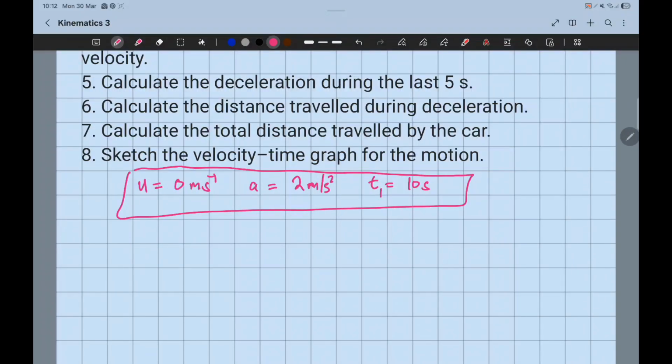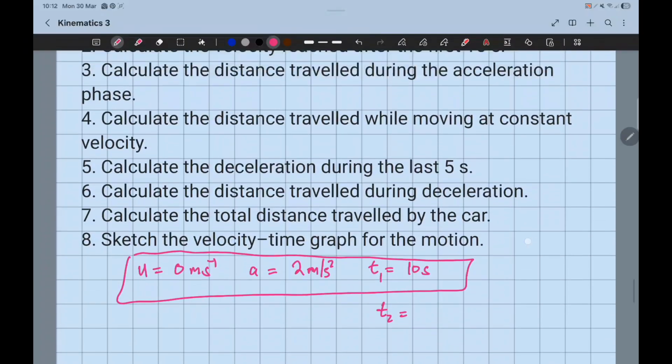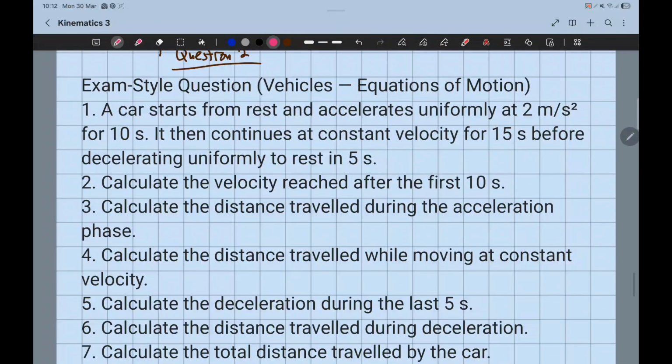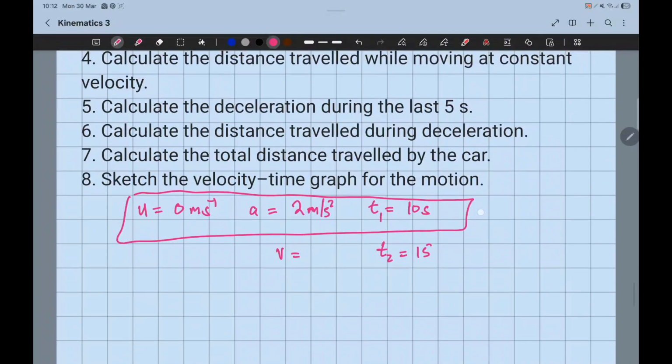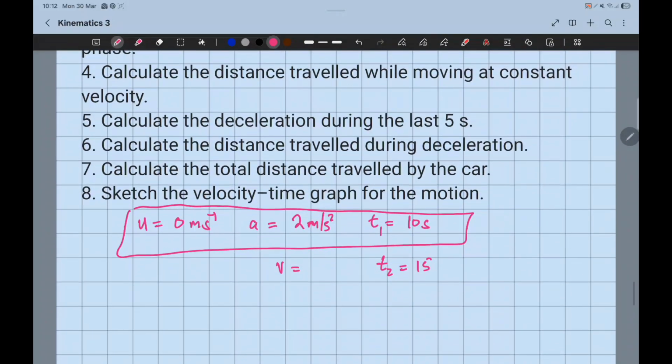Then in the second phase, t2, we see that it is 15 seconds, moving at a constant velocity. We are not given that velocity, but what we know is that the velocity was constant.